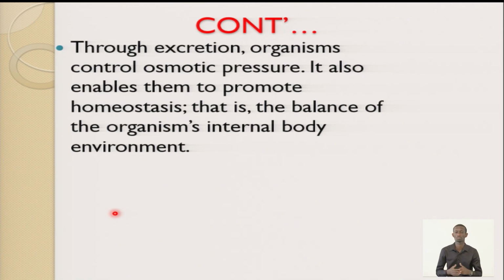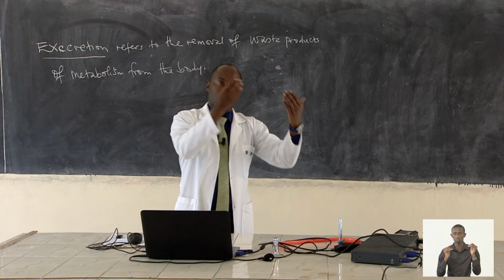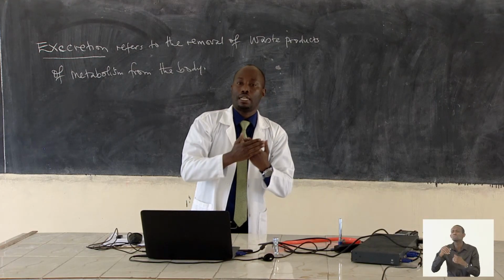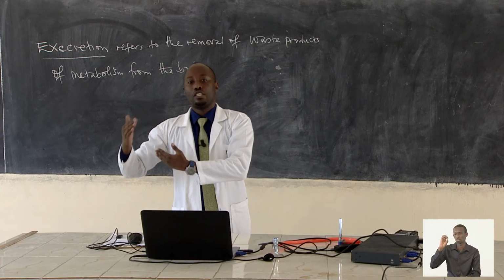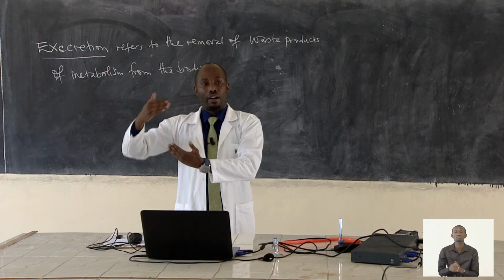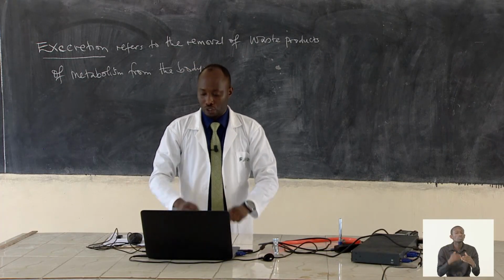So through excretion, organisms can control osmotic pressure, and it also enables them to promote homeostasis. Homeostasis is balancing the internal environment within an organism. The balancing of the organism's internal environment is homeostasis. So homeostasis refers to the maintenance of the internal environment within an organism.